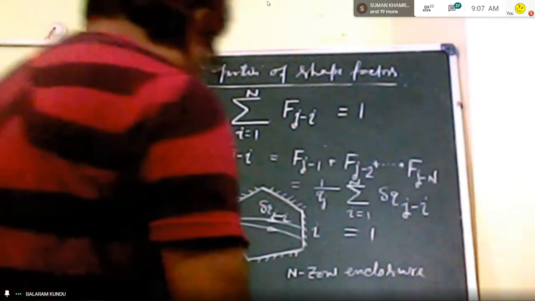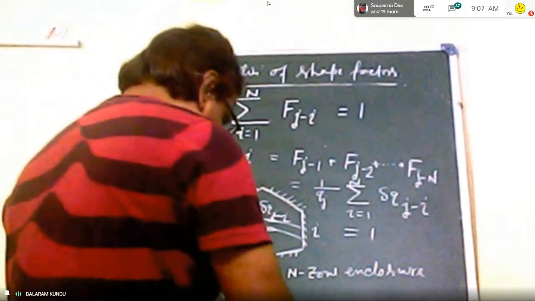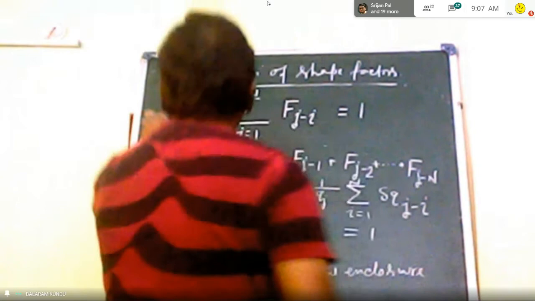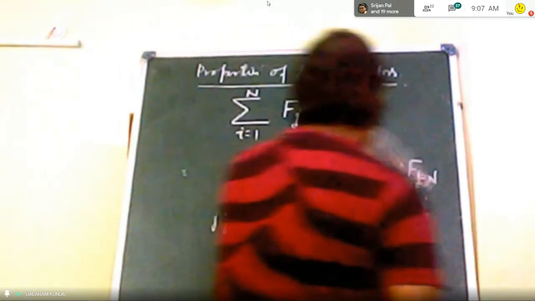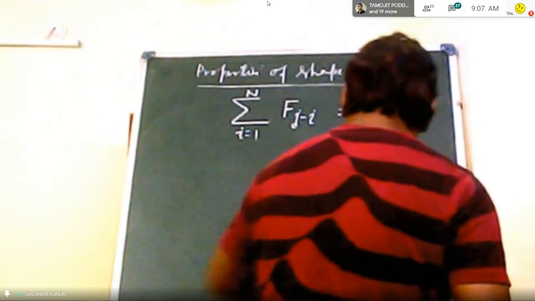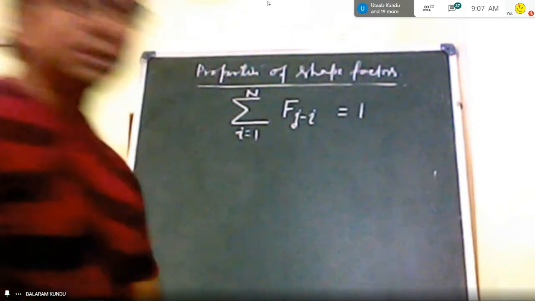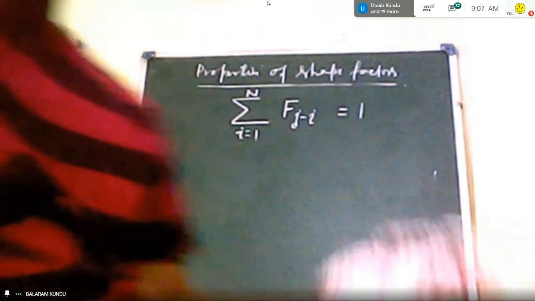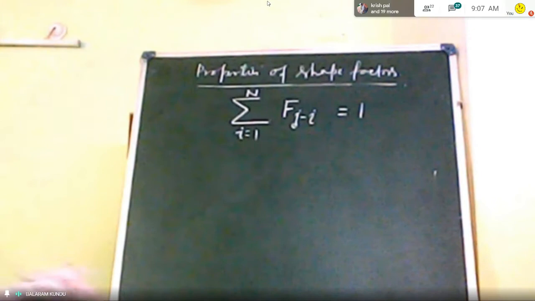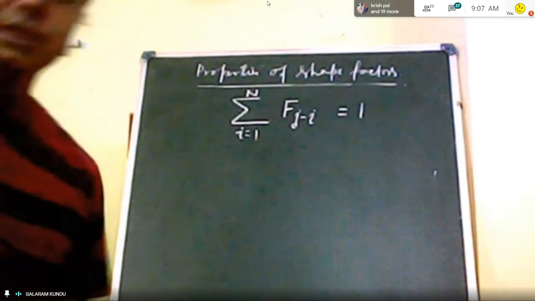And from this, a little bit of modification is required here. This is true for the J surface. If we consider J equal to 1, this expression will be true. If we consider J equal to 2, this mathematical expression will be true.